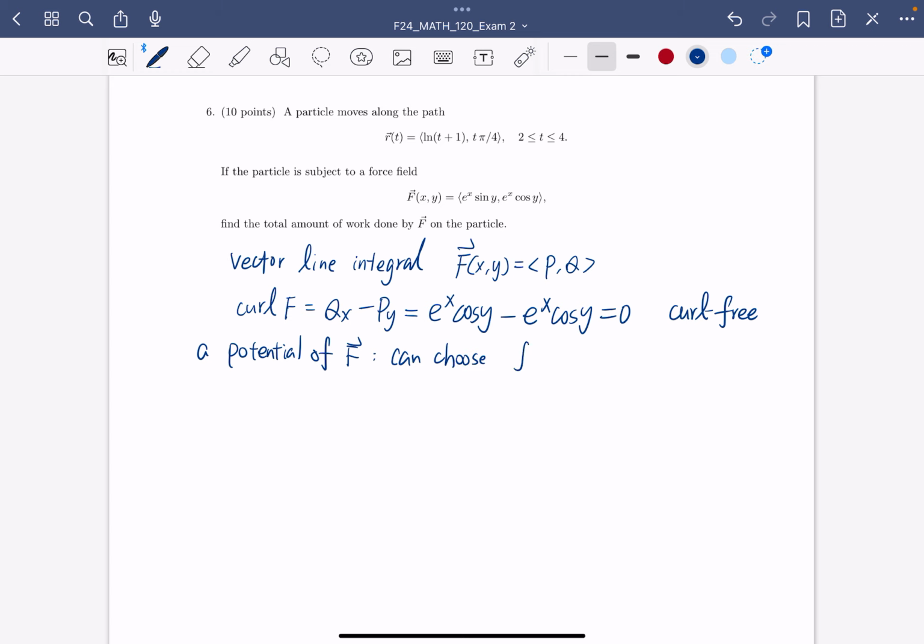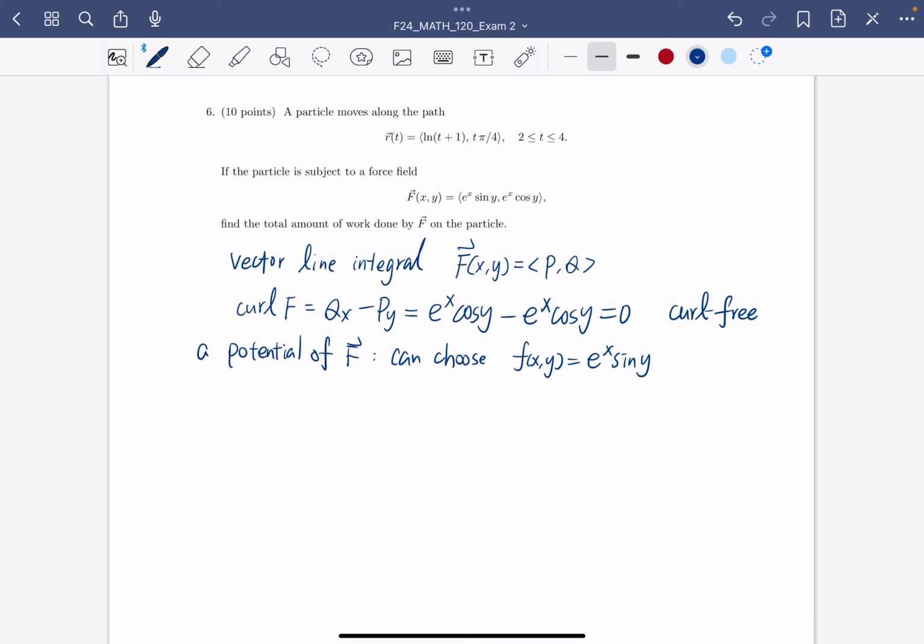If you're familiar with integration or differentiation, then you can probably see, not within a minute, that this is a potential of our vector field F: e^x sine y.